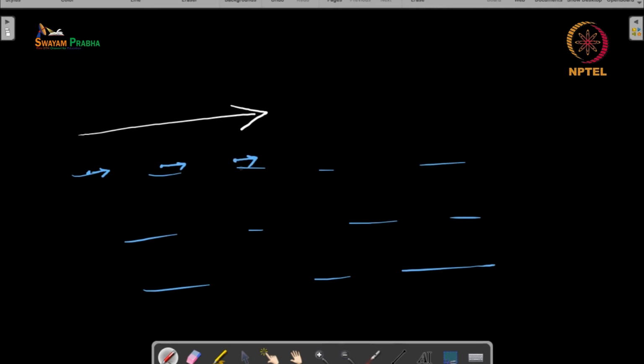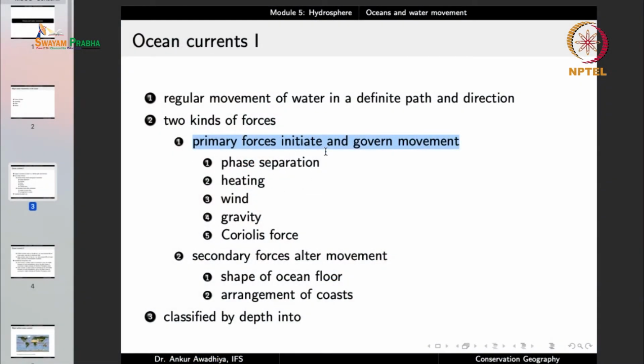And this will result in the generation of a surface current. So winds are also primary forces that initiate and govern the movement.